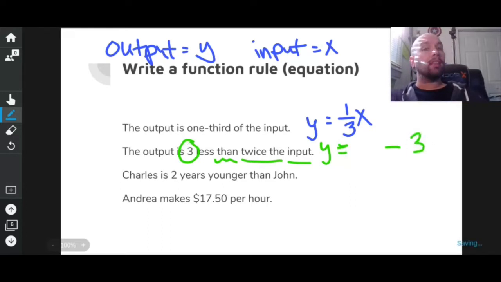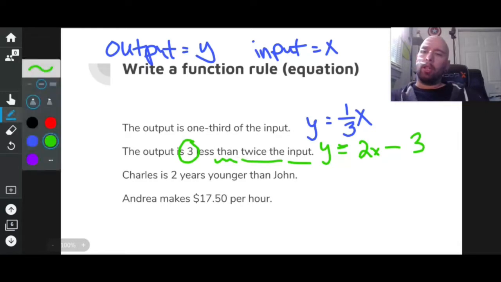When you're taking 3 less than, you're taking away 3. Twice the input means 2 times x, or 2x. So that than word is a word you want to keep an eye on.